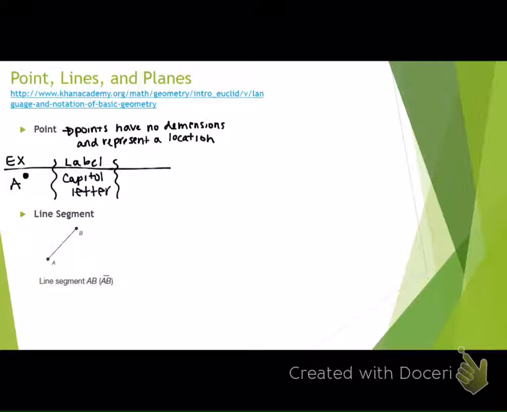They're always labeled with a capital letter, and when you go to tell somebody what the point is, the description of it, you always write it as point and whatever that letter is. So this is point A.